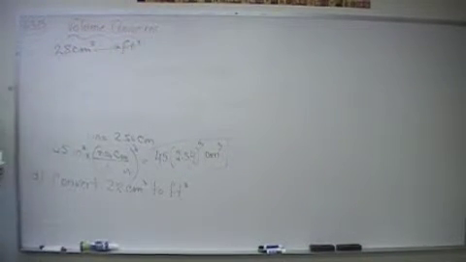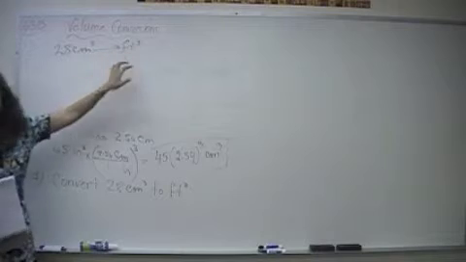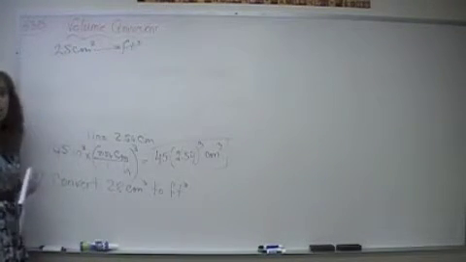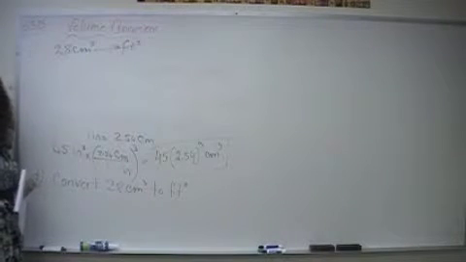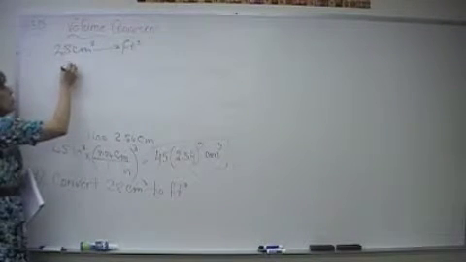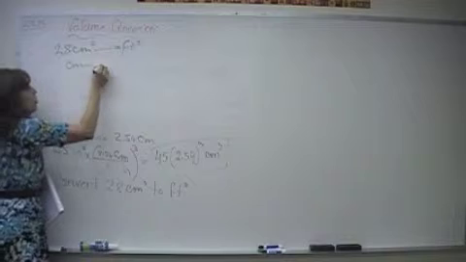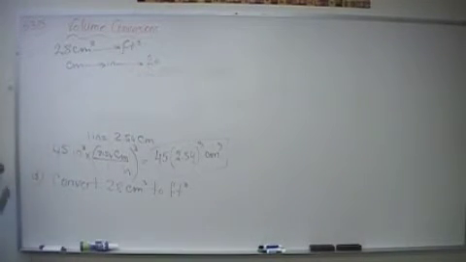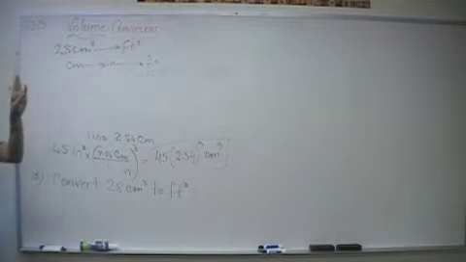We need to have a plan to move from centimeter to feet. Since we're going from metric to English, we have to pass through 1 inch equals 2.54. So we're going to go from centimeter to inch, from inch to feet. Always have this plan to know where you're going.